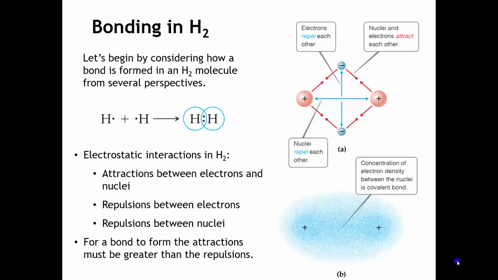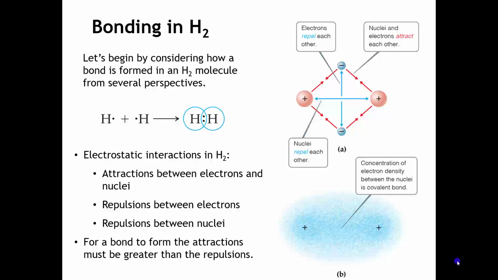So if we were to think about the bonding in the simplest molecule possible, a hydrogen molecule, the idea is that we have two hydrogen atoms, and each of them has one electron in the 1s orbital. Now, if we were to allow those two orbitals to overlap by bringing the atoms closer together, what we would find is a mixture of attractive and repulsive electrostatic interactions.